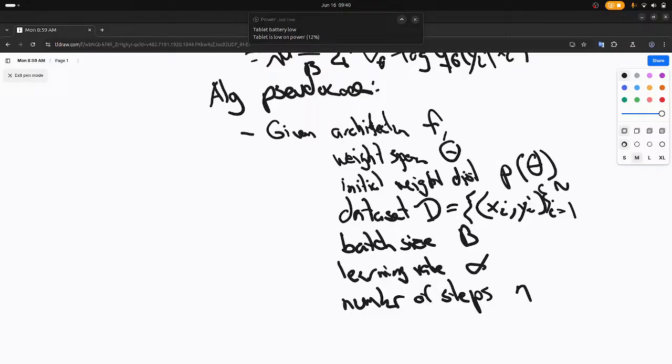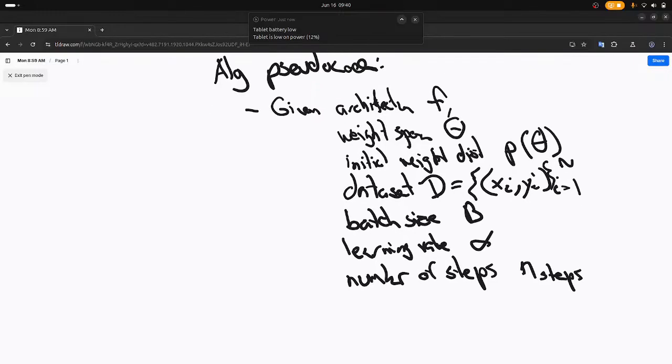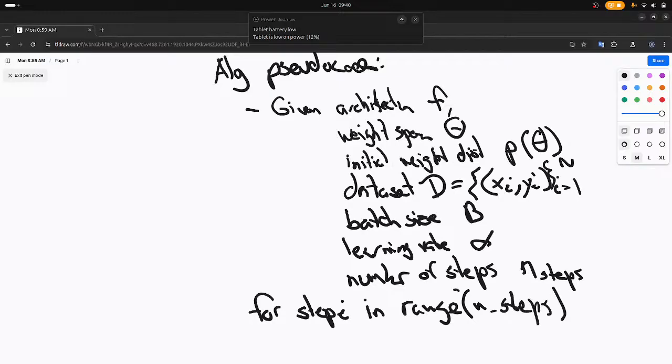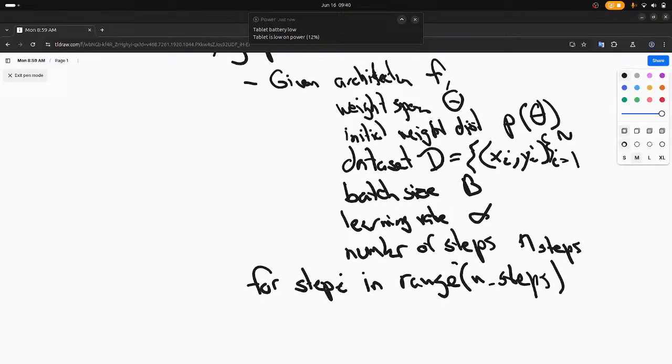There are of course always some details that we leave out when we are making pseudocode, but we say for step i in range n steps. So it's a bit Pythonic pseudocode here. What are we going to do?